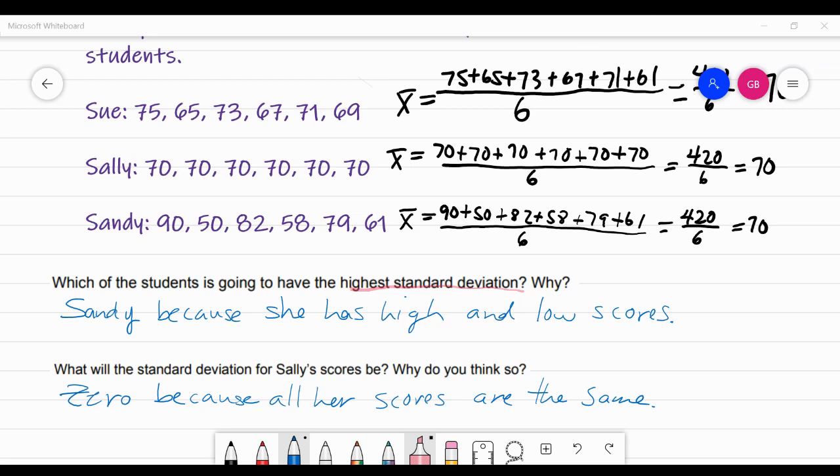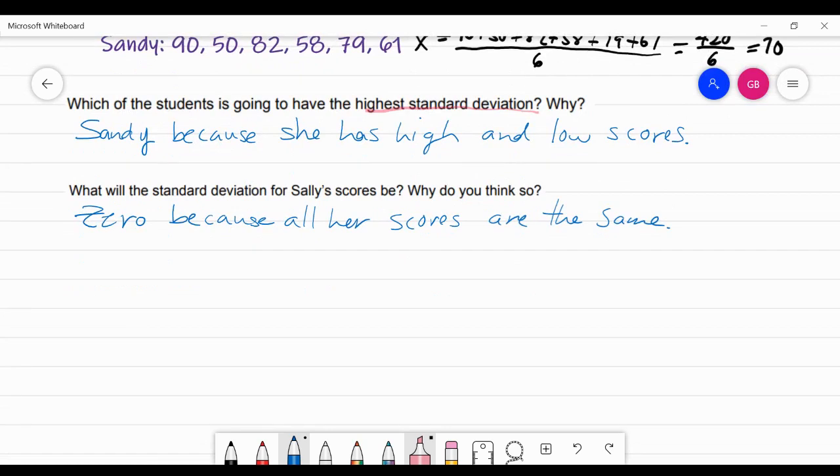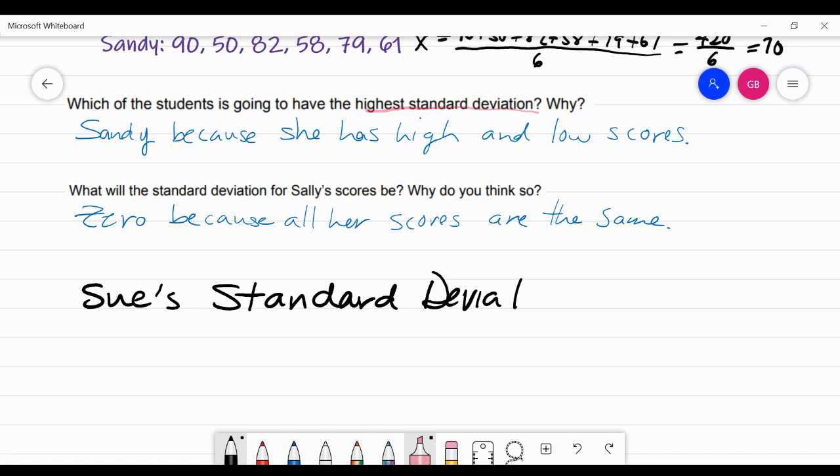Okay, so we're going to calculate the actual number for Sue's standard deviation. So I'm going to do that down here. And I'm going to go ahead and write the formula down here so I don't have to scroll up and down.